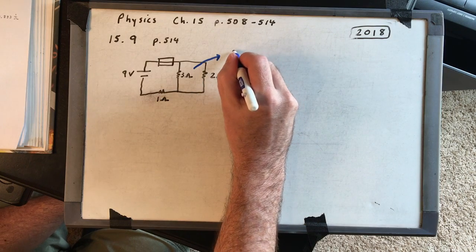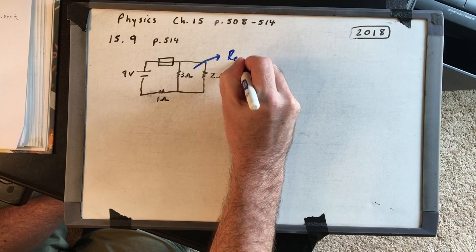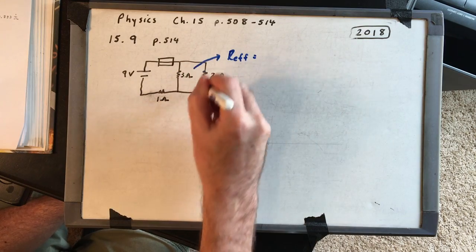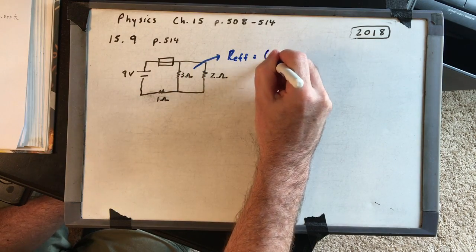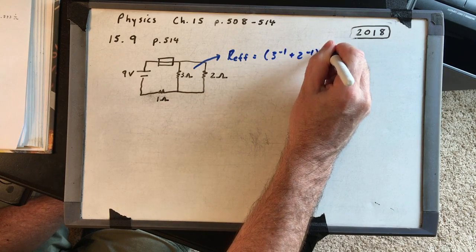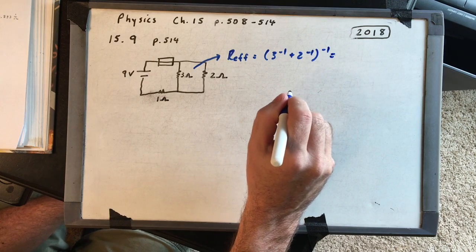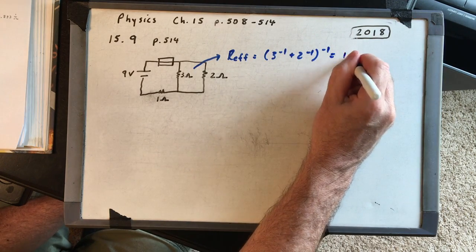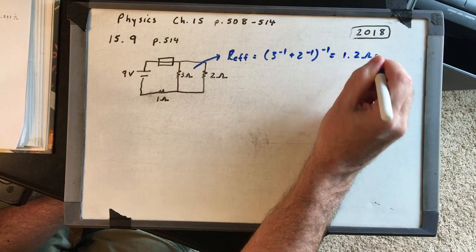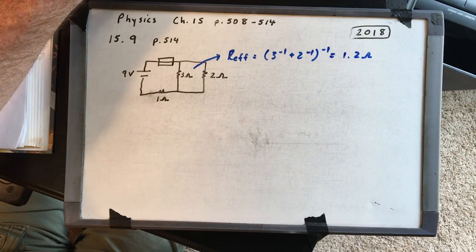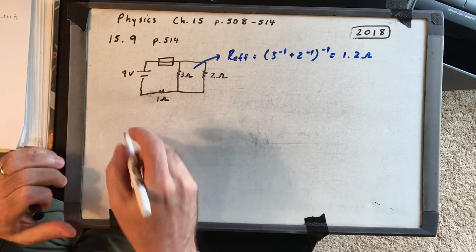So the effective resistance for that branch is 3 to the minus 1 plus 2 to the minus 1, all to the minus 1. All right, so that is 1.2 ohms. So we could redraw that circuit like this.